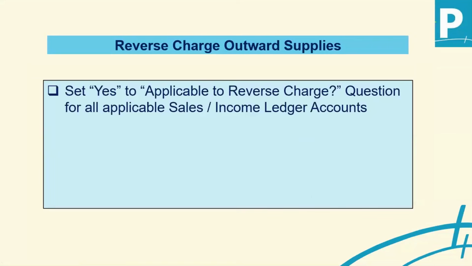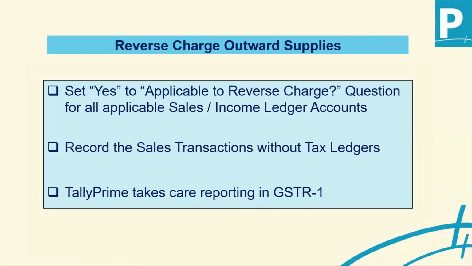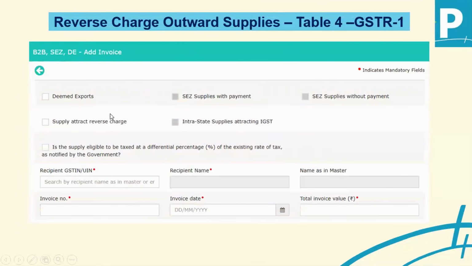For this, I need a small configuration setup in my sales or income ledger. Then your reports will also carry down to GSTR1. While uploading the B2B transaction, this portion has to be ticked, so that Tally takes care of it. Once you upload the JSON file from Tally, the reverse charge outward supply will be appropriately uploaded if you have done the configuration correctly.